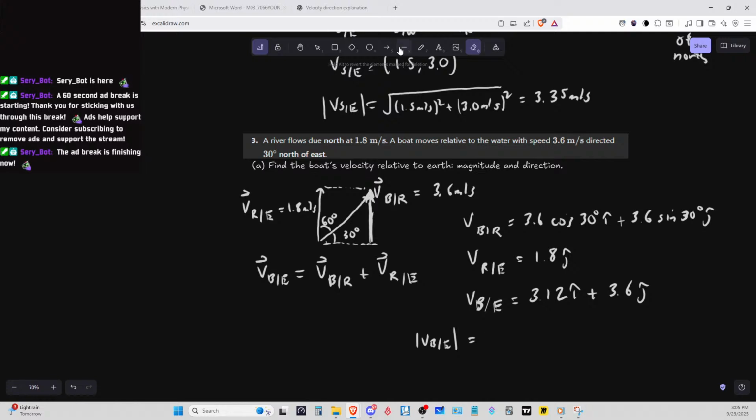Probably didn't have to write that. 4.6 meters per second. Okay. So now we got the magnitude. Now we just have to figure out the angle itself.